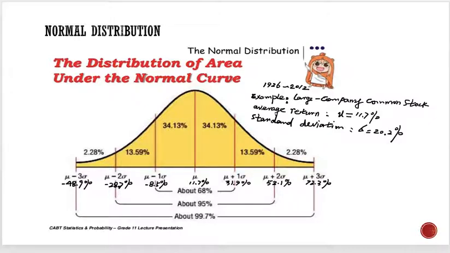So actually, we have another feature of normal distribution: 50% of the data points fall below the mean, and the other 50% of the data points fall above the mean.